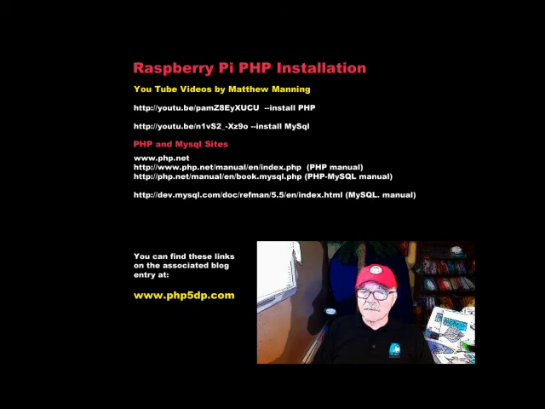They're good explanations of how to get all set up for using your Raspberry Pi. It also downloads an Apache server. PHP requires some kind of server on your computer to run on. You can download the whole thing and it installs itself, and it's really not that difficult a process. Matthew Manning has a very good explanation of that.